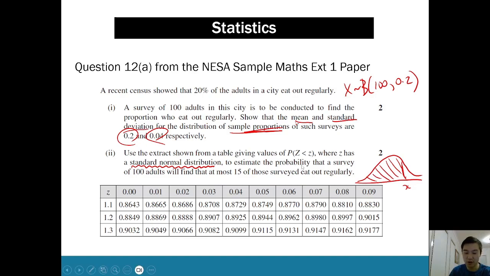So we want to estimate the probability that a survey of 100 adults will find at most 15 of those surveyed eat out regularly.